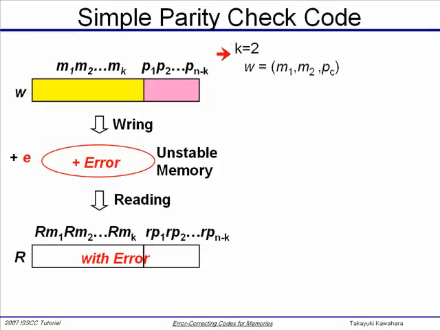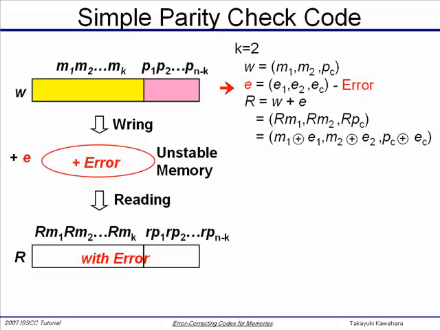The initial word is M1, M2, PC, and then we add some error. So therefore, we can write it down: our data is W plus E. That's the elements RM1, RM2, RPC. Each element is M1 plus E1, M2 plus E2, PC plus EC. Okay? So now we can calculate the syndrome.